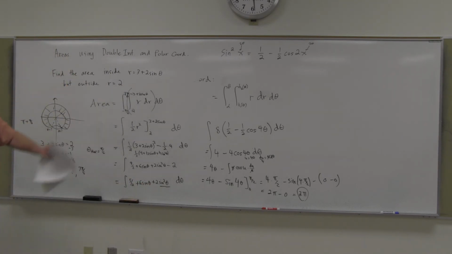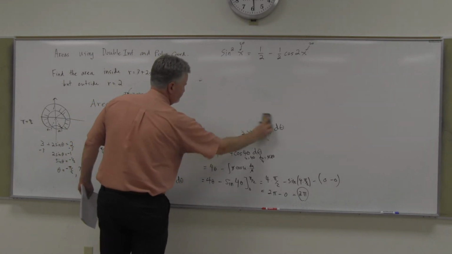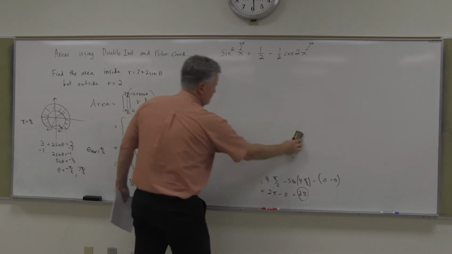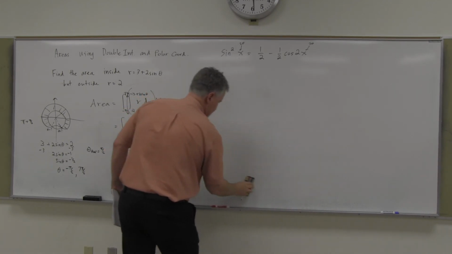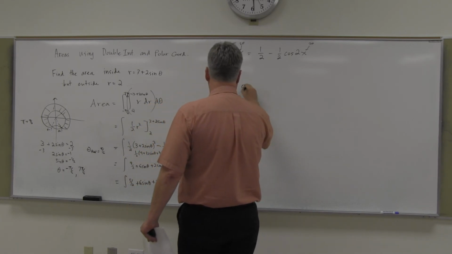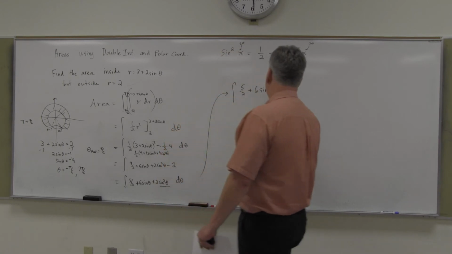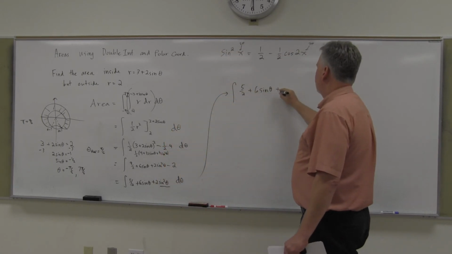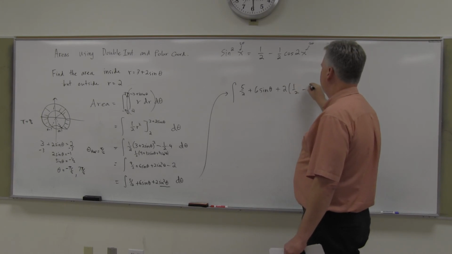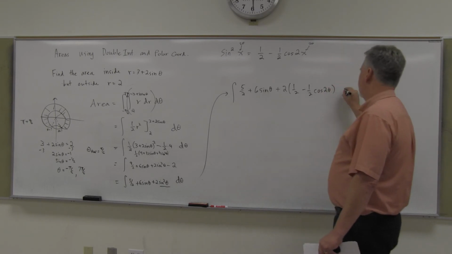You got to use the double angle again. These two are going to be easy. The 2, so we have to do the 2 times 1/2 minus 1/2 cosine 2 theta. Make that change again.